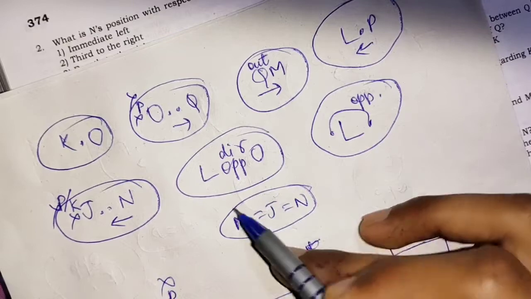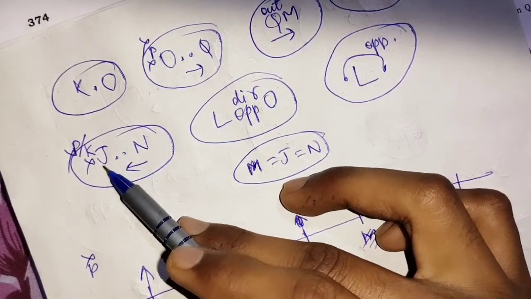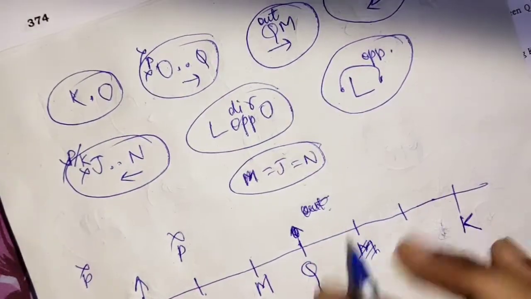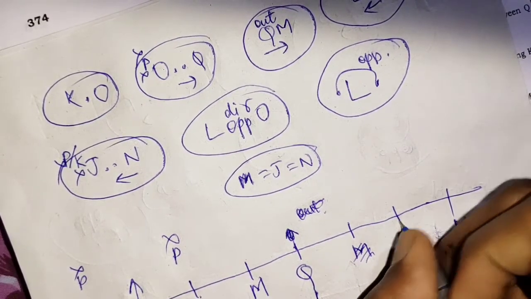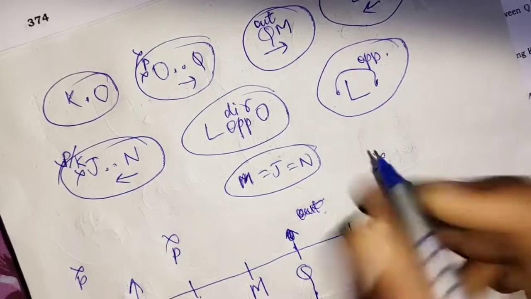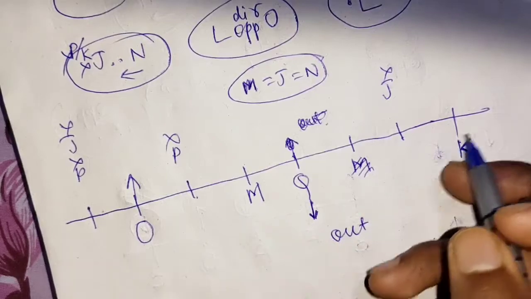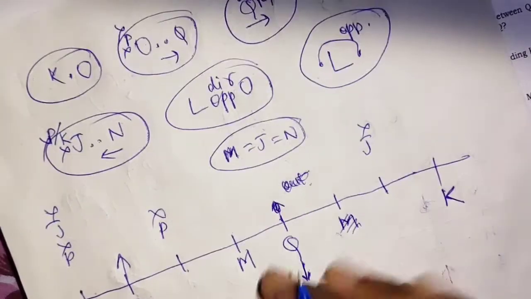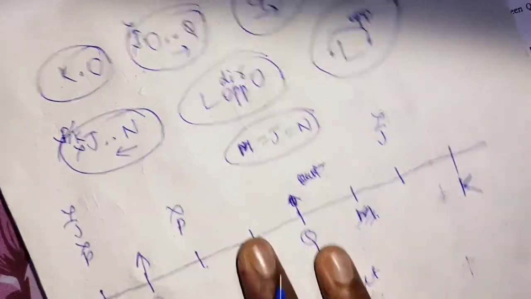Now we will see what are other points. So here J is third to the left of N, and J is not an immediate neighbor of either P or K. So J cannot be placed here, and J cannot be placed here, because J is not an immediate neighbor of K. So what are the options left with us?